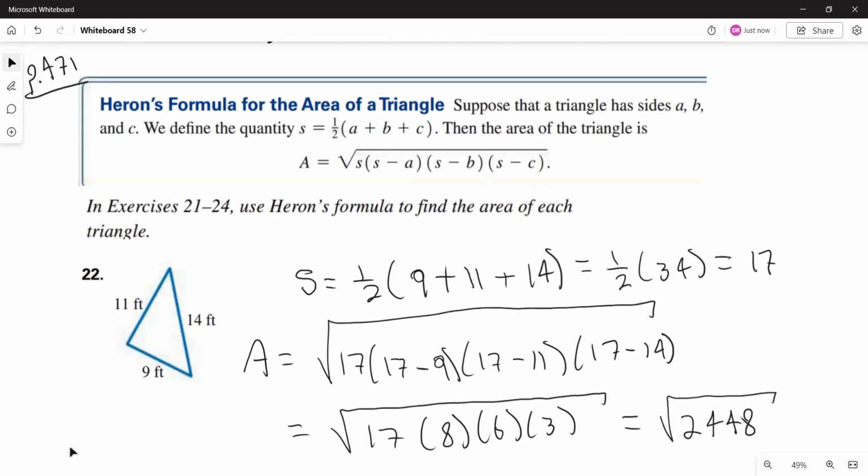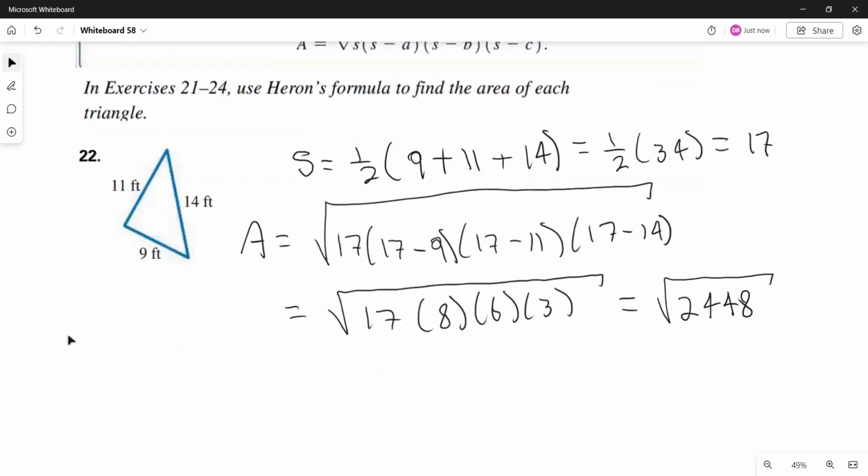And at the end, the area is going to be approximately 49.477 square feet.